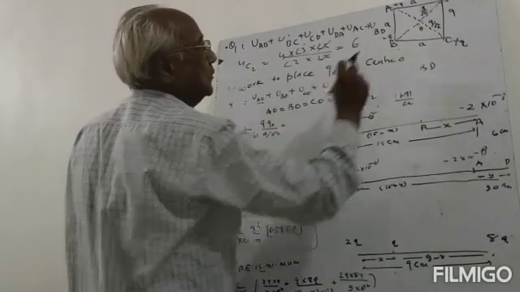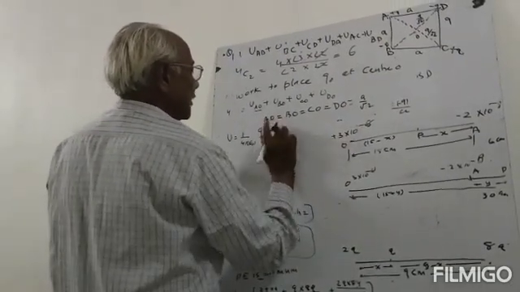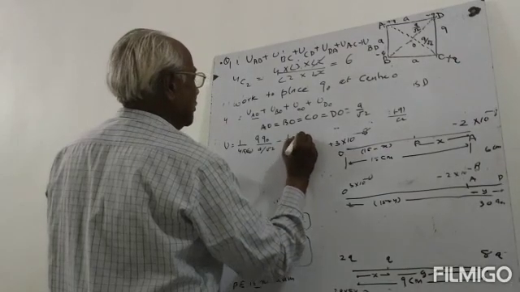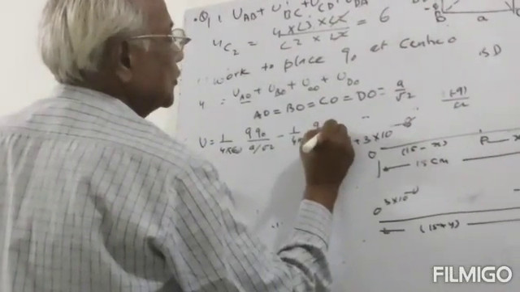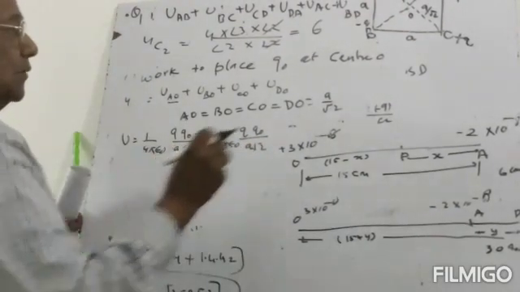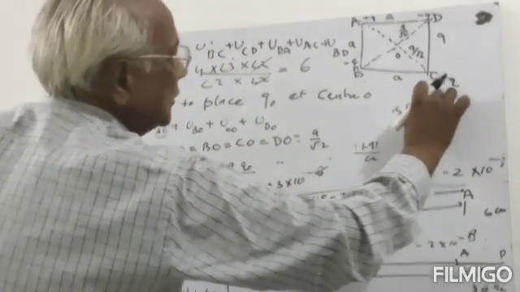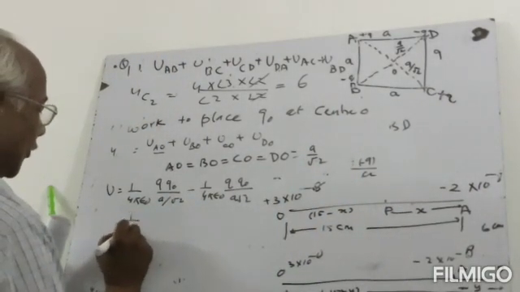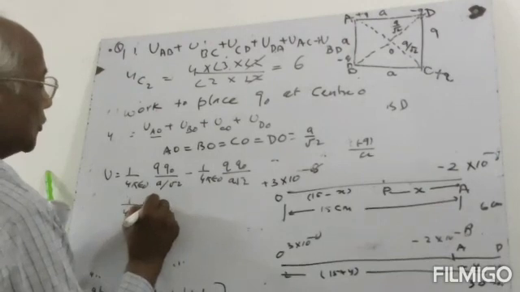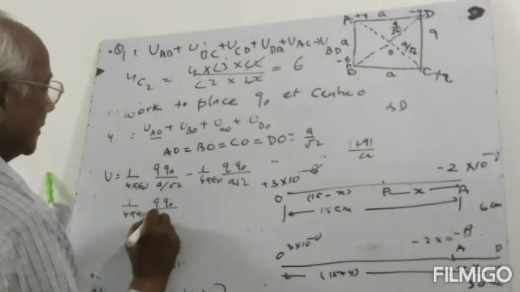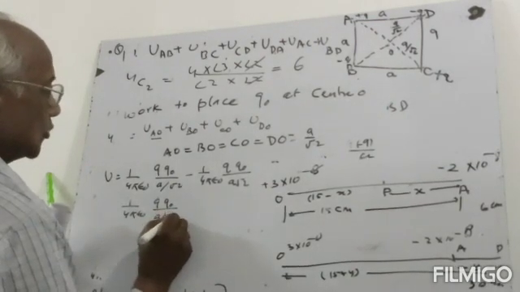Plus for B there is a minus sign, so it will be minus 1 divided by 4 pi epsilon 0 Q into Q0 divided by a by under root 2. Third term will be for the positive charge. It will be equal to 1 divided by 4 pi epsilon 0 Q into Q0 divided by a divided by under root 2.